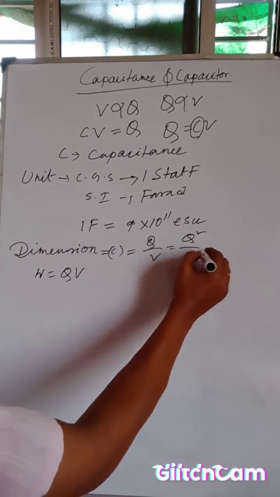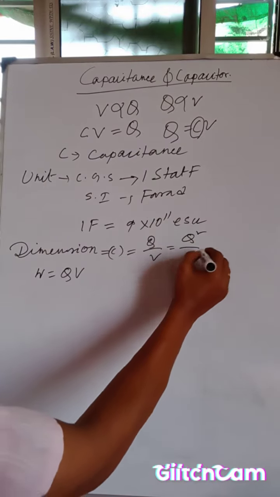Now this capacitance C depends on the area of the plate. It is proportional to the area: if area increases, capacitance increases. It also depends on the surrounding medium, and on the presence of another uncharged conductor.